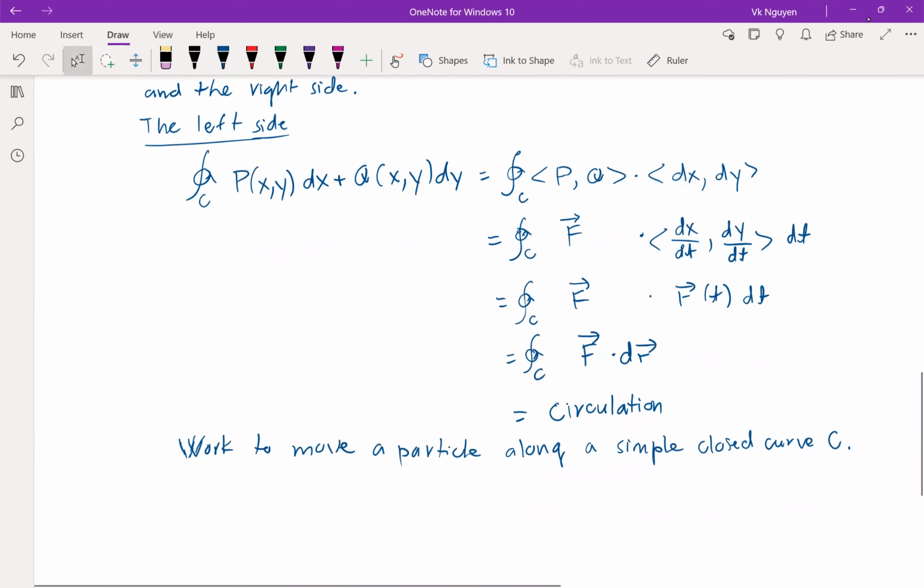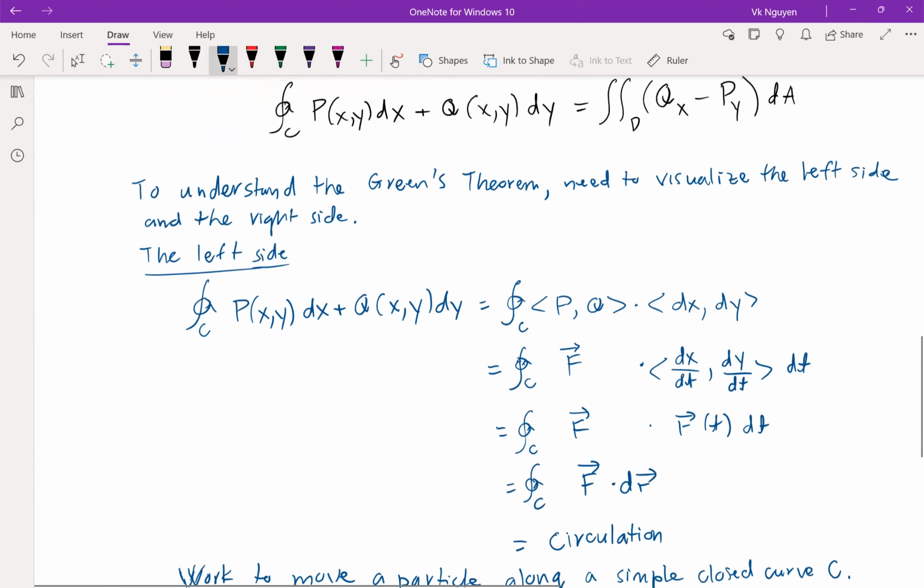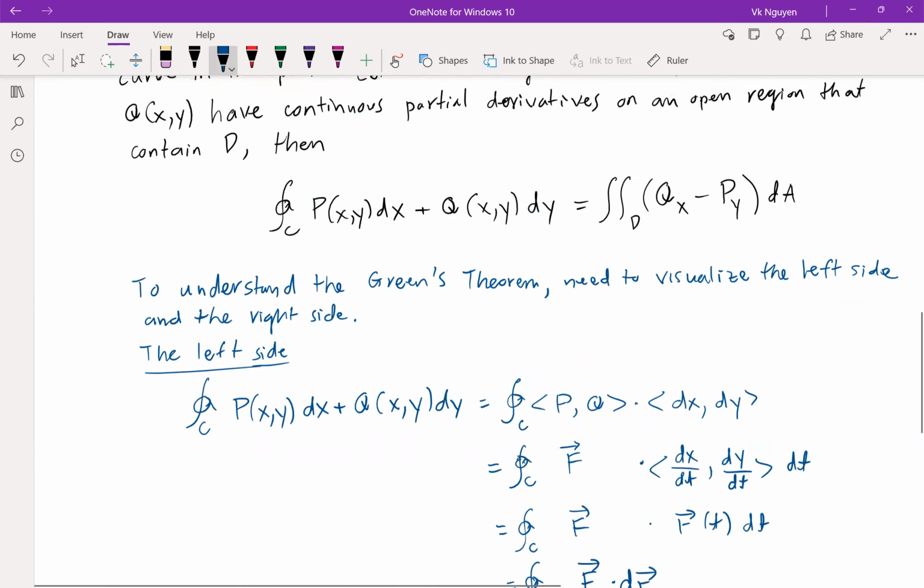Yeah. Okay. Now let's look at the right side. Well, what is the right side here? Qx minus Py.